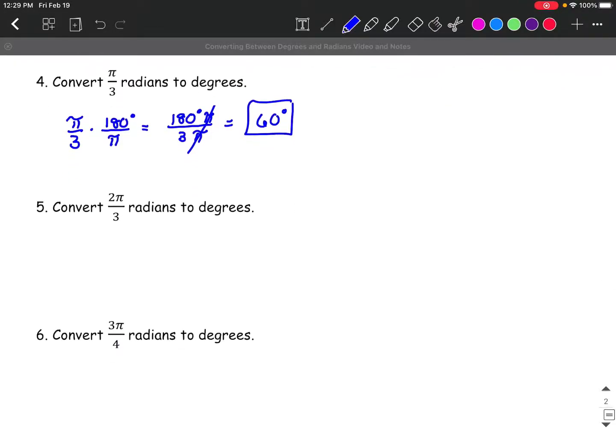Let's try 2 pi over 3 radians. So 2 pi over 3 times 180 degrees over pi gives us 2 pi times 180 degrees over 3 pi. You can do that 2 times 180 if you want to, or you can do it all on your calculator. Totally up to you.